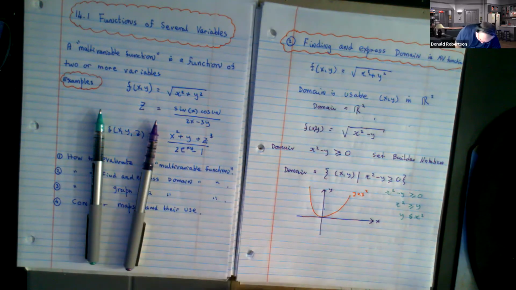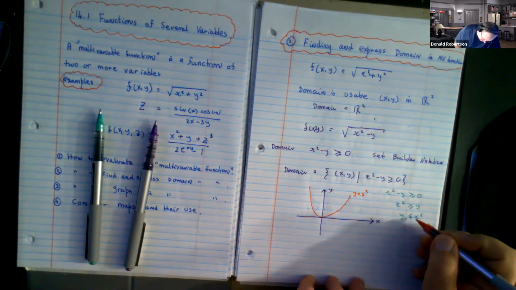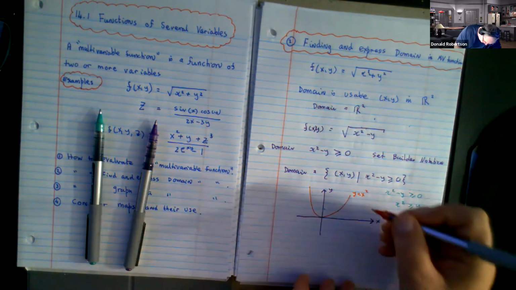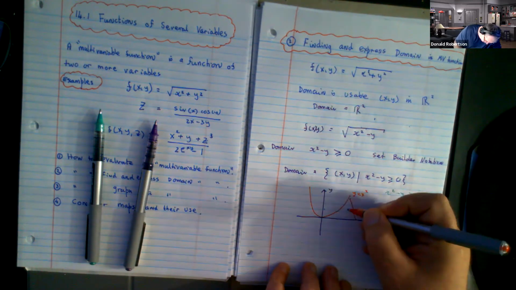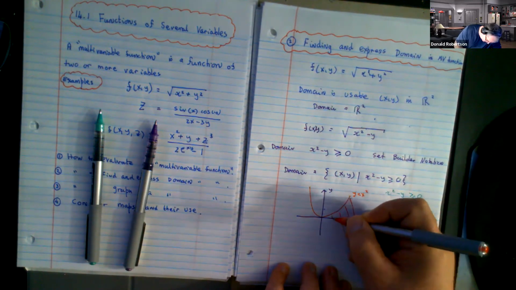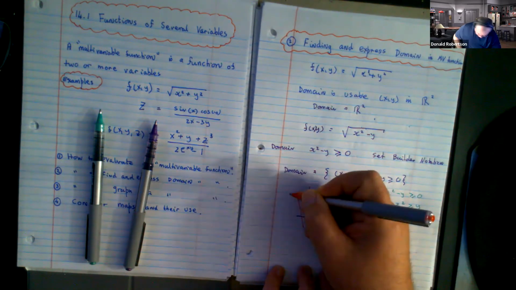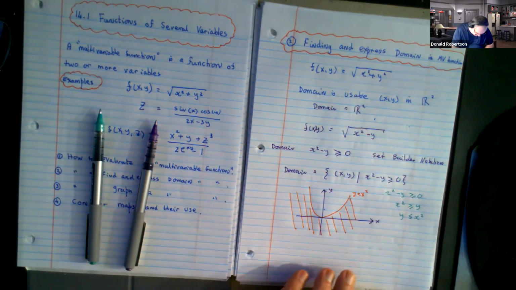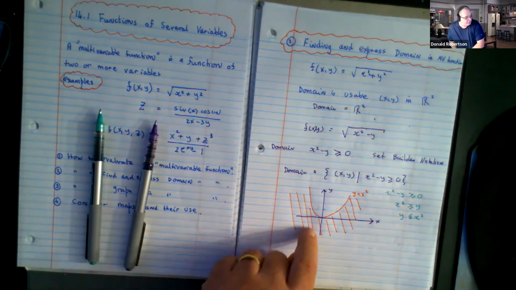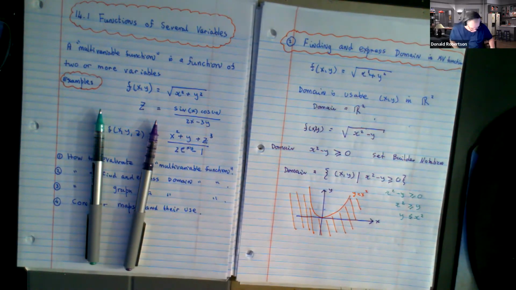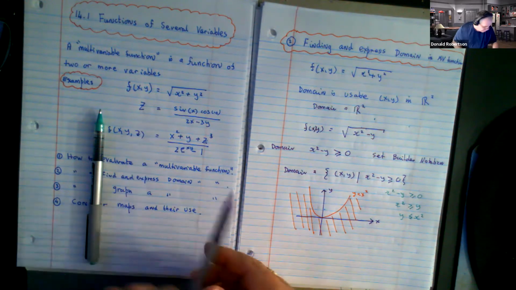Now, we are interested in the y values being less than or equal to. So how we would show that would be to shade all the places where the y coordinate was less than or equal to the x squared. And that would be the visual representation of that particular domain.